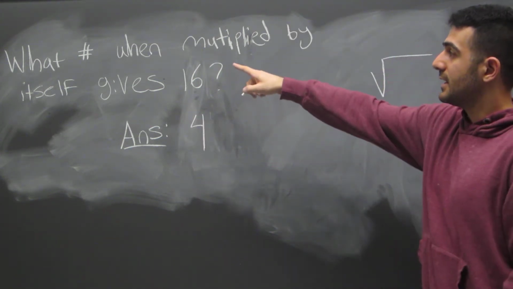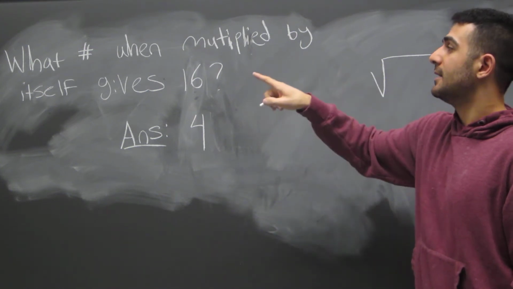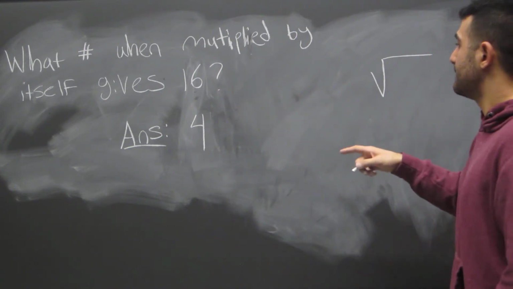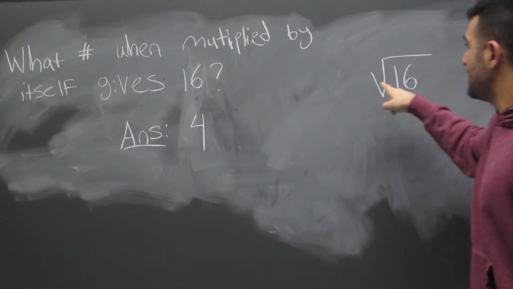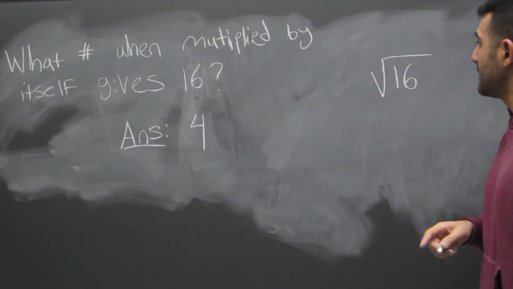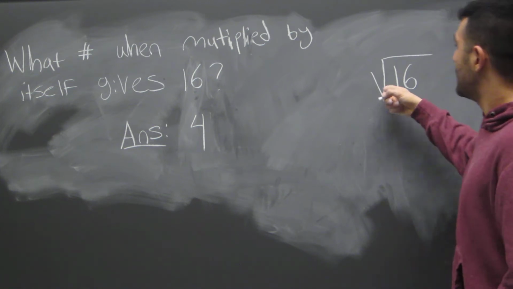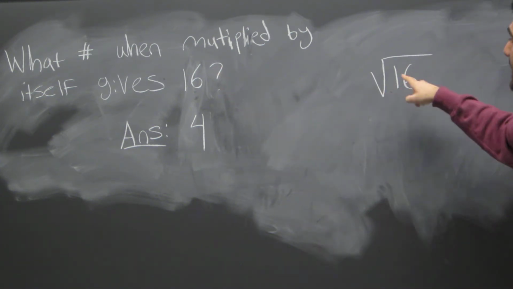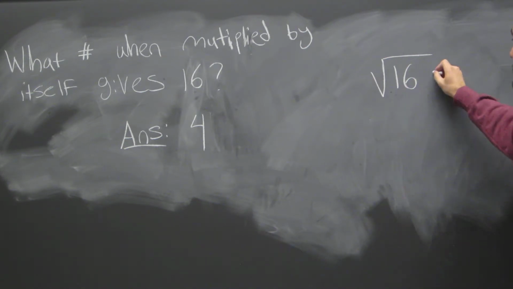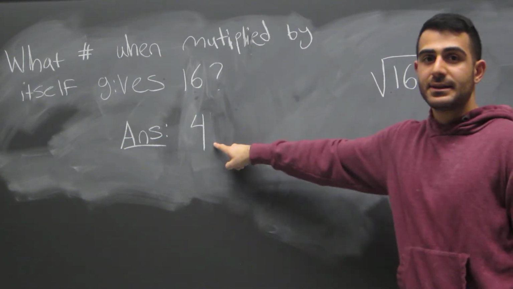Now in this one, it said, what number when multiplied by itself gives 16? This question is the same thing as this. So this is saying, what number when multiplied by itself gives 16? And we found out that was 4.